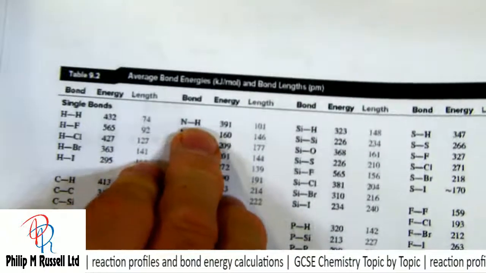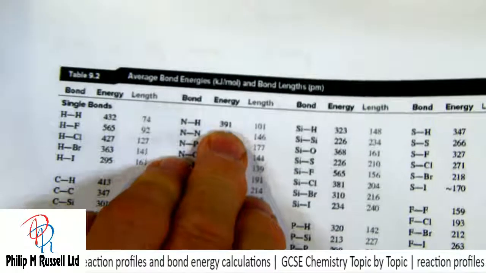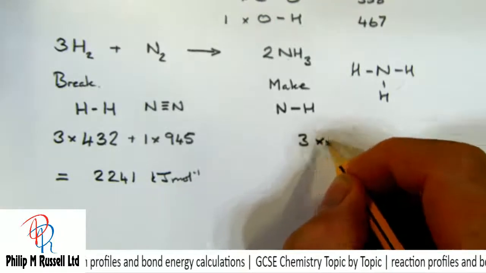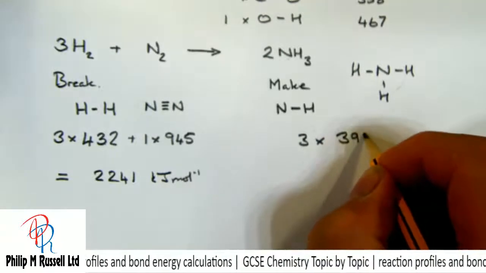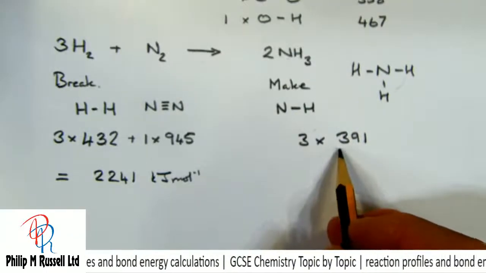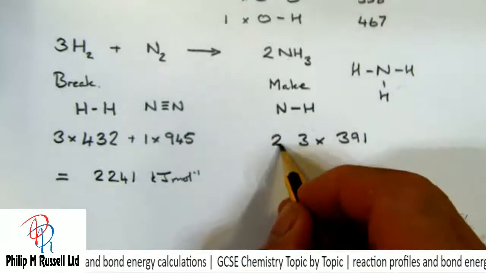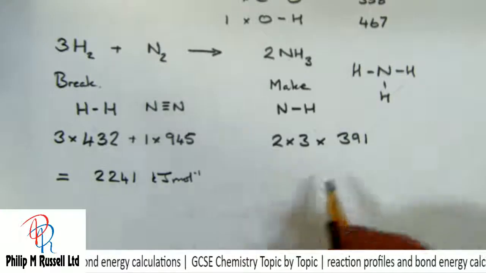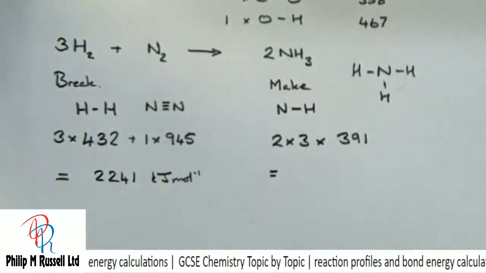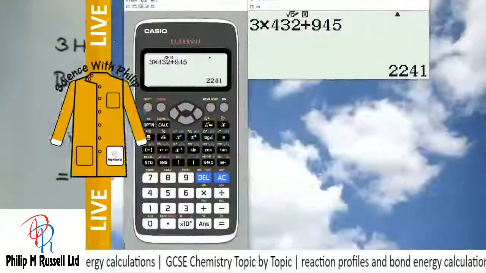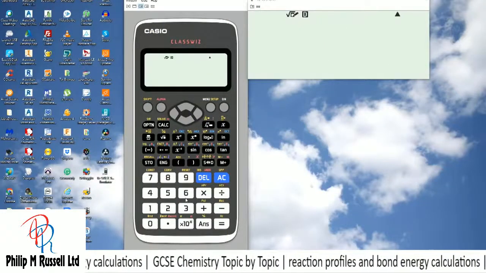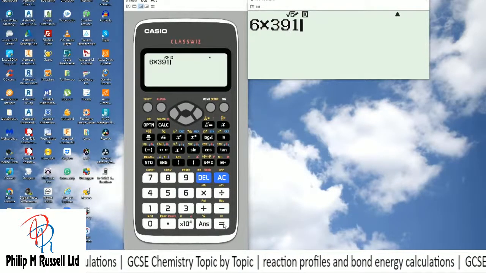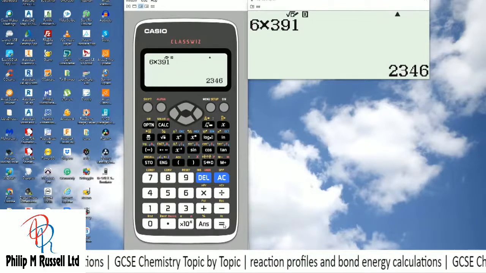My NH bond is 391, looking in my tables. But I don't have one molecule of this, I've got 2. So I'll need to multiply my answer by 2. Or if I do it all in one go, then simply we've got 6 times my 391. And that gives me 2346.